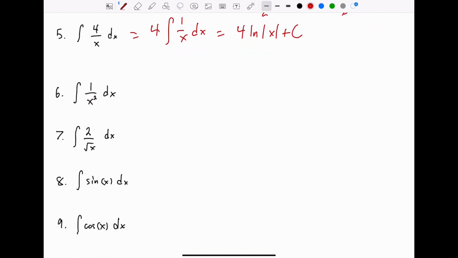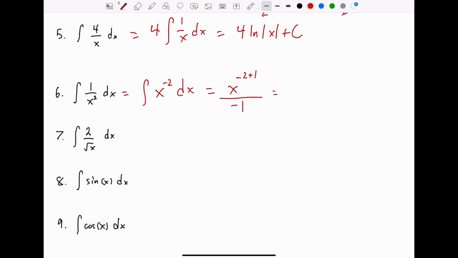For example 6, it might be tempting to say that the answer is the natural log of the absolute value of x squared. But this is actually false. In order to solve this problem, we need to rewrite the fraction as x to a power. So 1 over x squared is the same as x to the negative 2, and now we can apply the power rule for antiderivatives. We increase the power by 1, x to the negative 2 plus 1. Negative 2 plus 1 is negative 1, so we divide by that new power, negative 1.